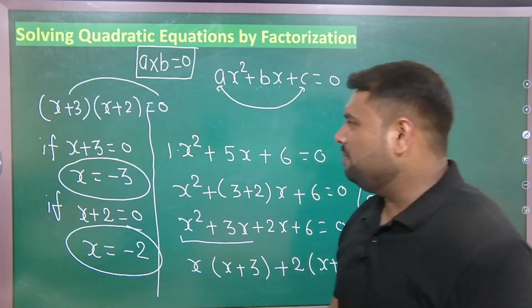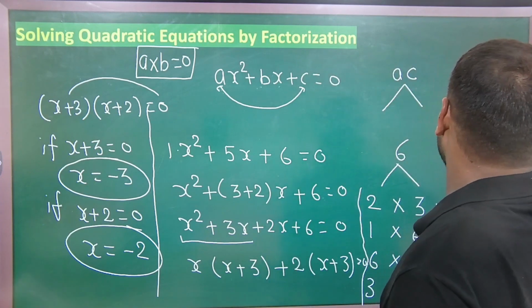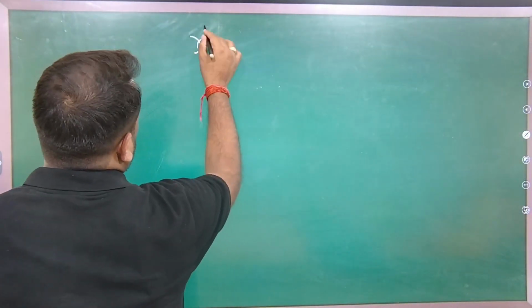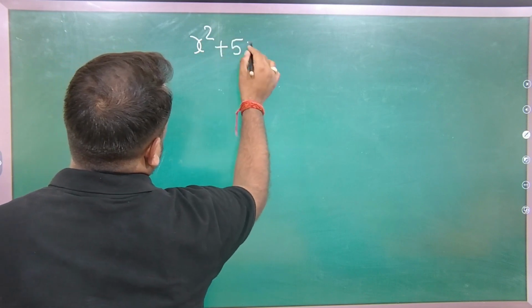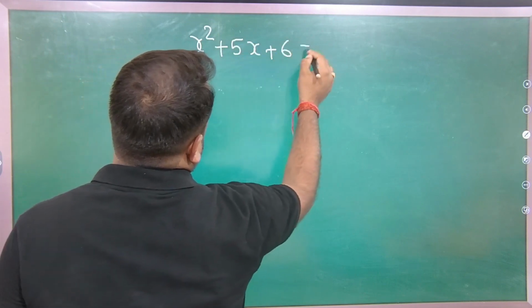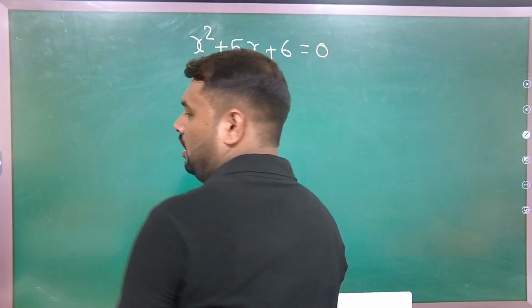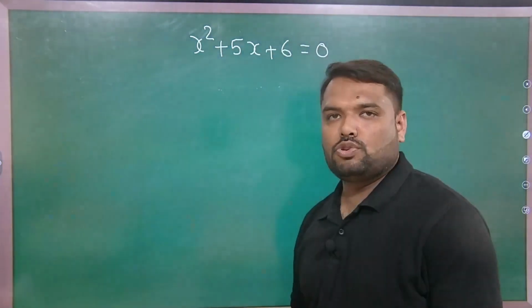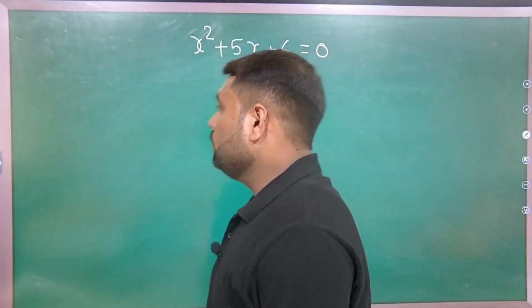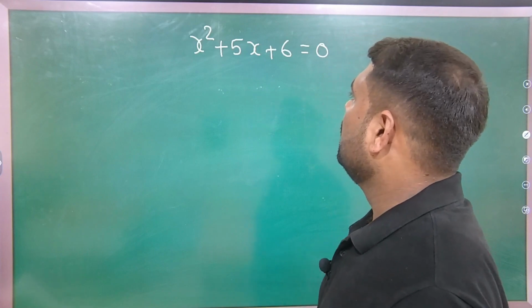Let me tell you the shortcut for this. What is the shortcut? This is not a shortcut. This is a quick method which you will learn after practicing so many questions. What you have to do in this method?